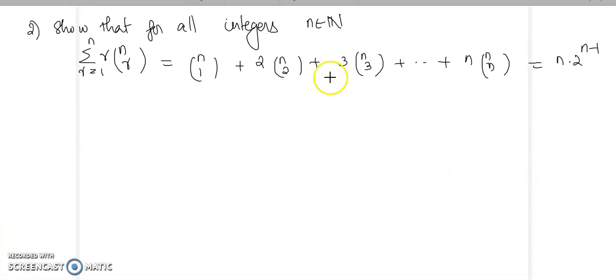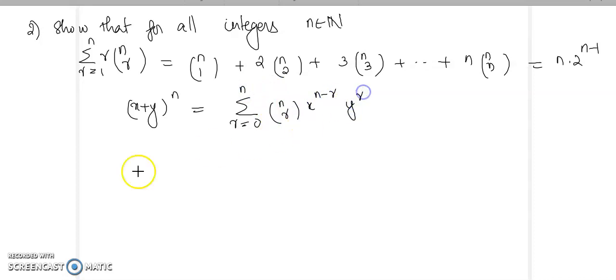Now let us look at the next identity. Show that for all integers n belonging to N, summation r equal to 1 to n of r nCr is equal to n times 2 raised to n minus 1. So for this, let us start with (x plus y) whole raised to n, that will be summation r equal to 0 to n nCr x raised to n minus r y raised to r.